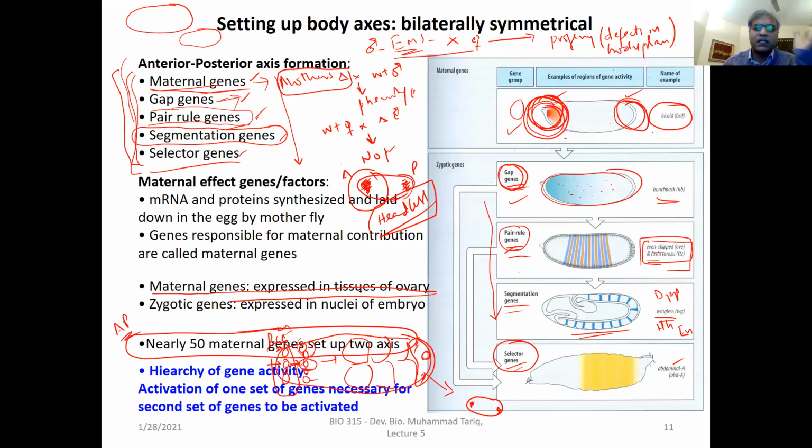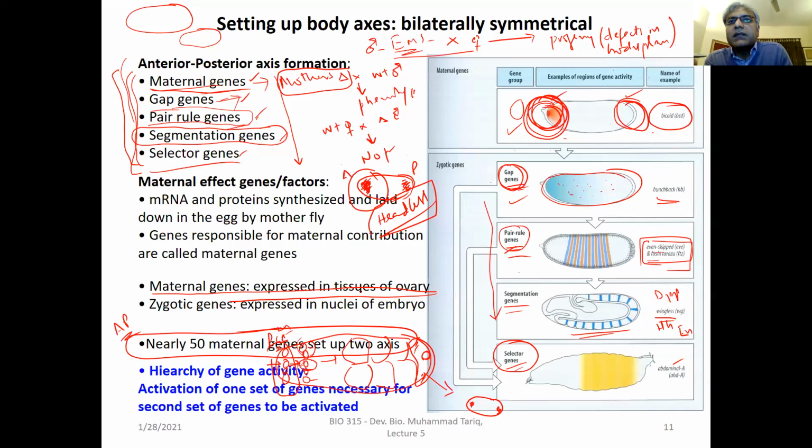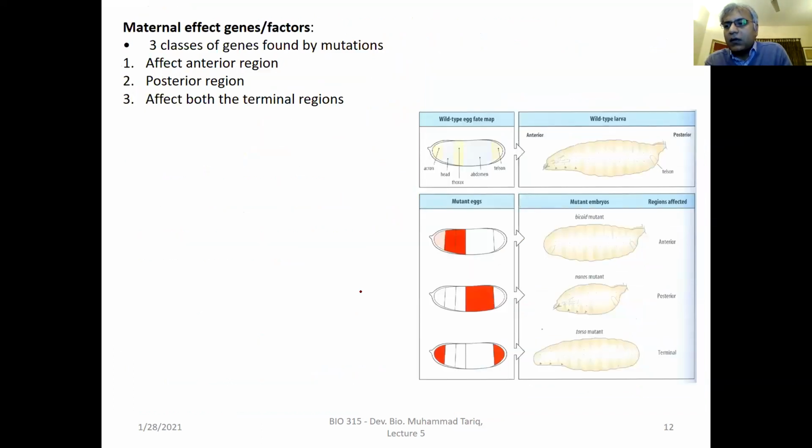I just named a few: nanos, caudal, bicoid, Oskar, etc. As soon as fertilization takes place, the translation of these messenger RNAs takes place, and then they contribute to clearly defined anterior and posterior body axis formation.